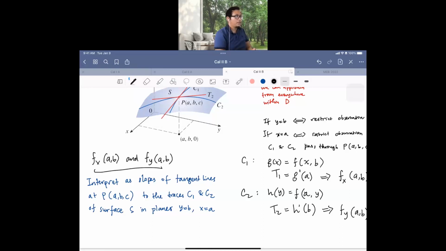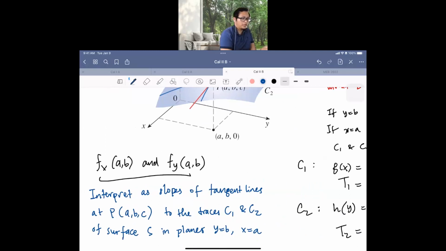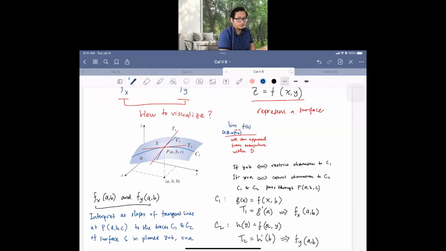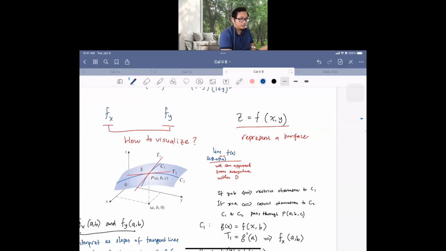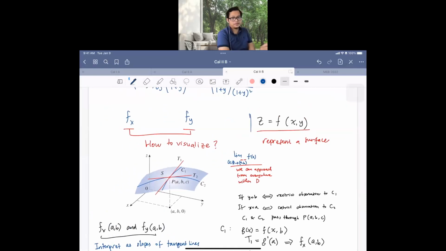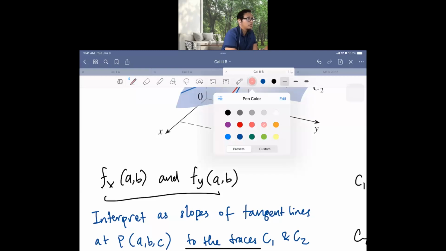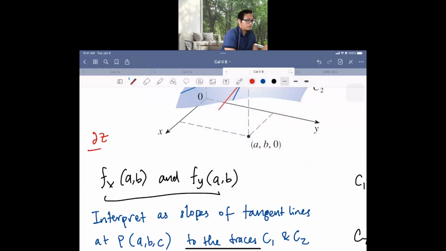And we can define or write the partial x in terms of, because we make z as our function of x, y, from here. Then partial x and partial y we can write down as dou z dou x and dou z dou y.